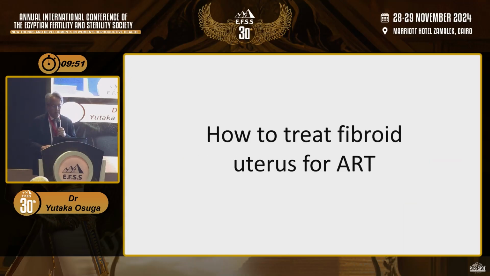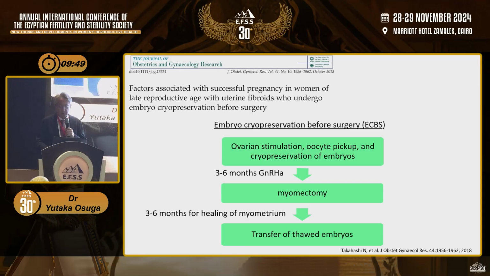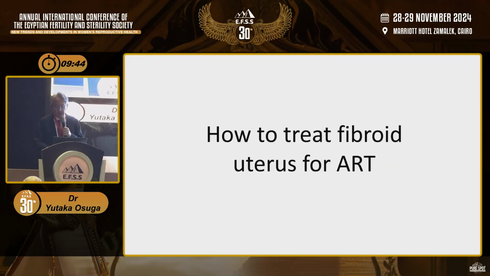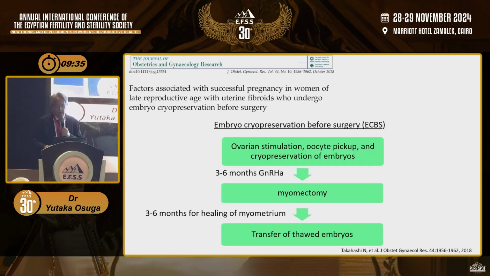So then how to treat fibroid uterus for ART? Generally speaking, when the presence of fibroid is thought to be a cause of infertility, I think myomectomy is the gold standard. However, it often takes time before infertility treatment when you do myomectomy first, and the loss of time is unfavorable since the ovarian reserve decreases over time, especially after age 35.